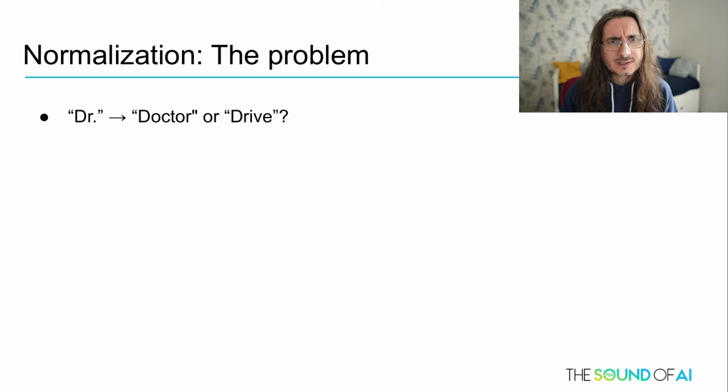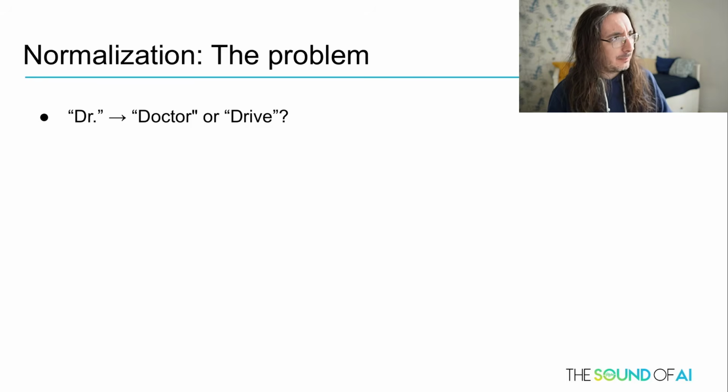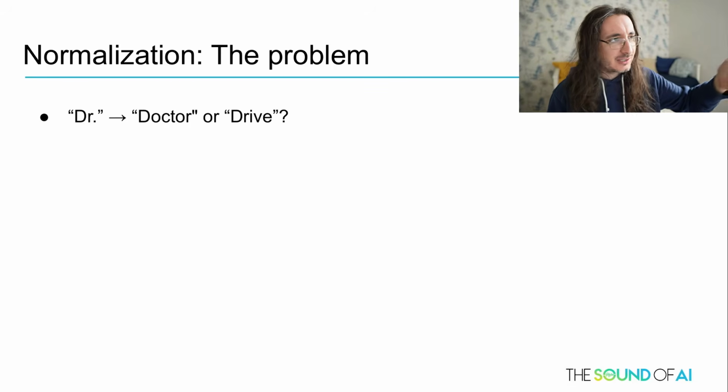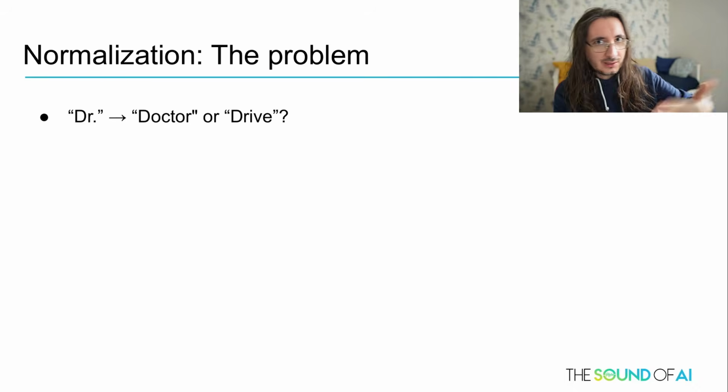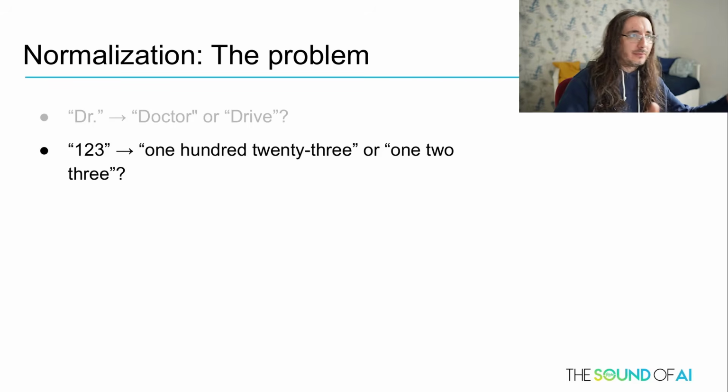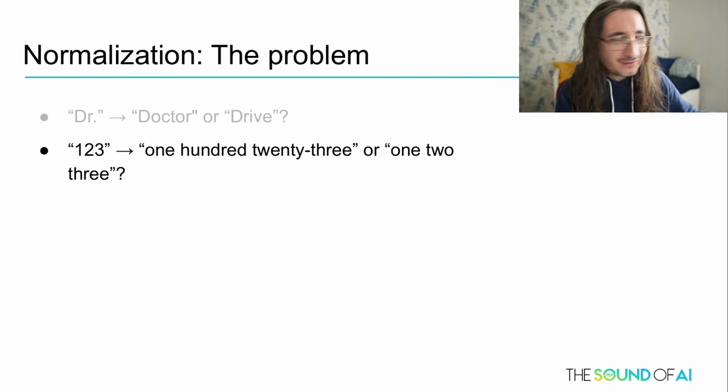Okay, so what's the problem with normalization? Well, there can be ambiguity. For example, if I have Dr., like in our initial sentence, Dr. Smith has 2 cats, Dr. could be doctor, or it could be drive, as in a street. We have 1, 2, 3, which could be one hundred twenty-three or just one, two, three.